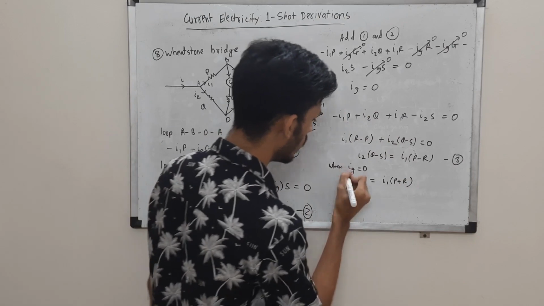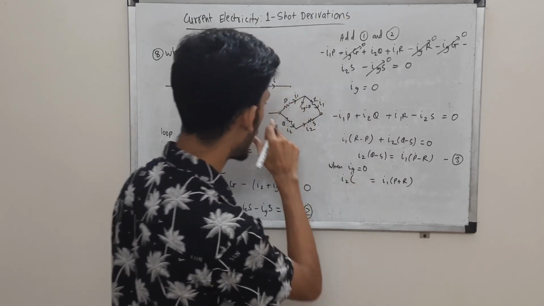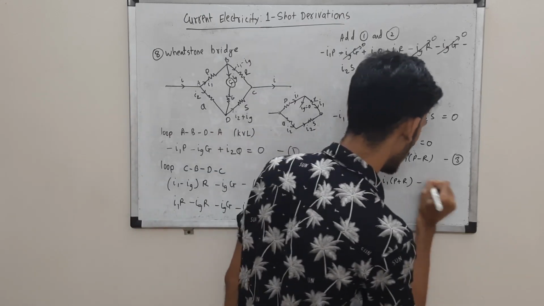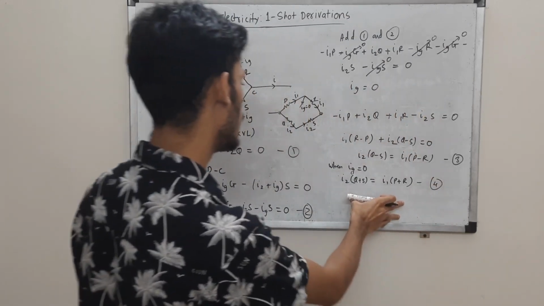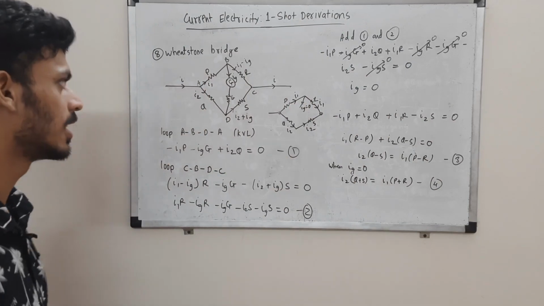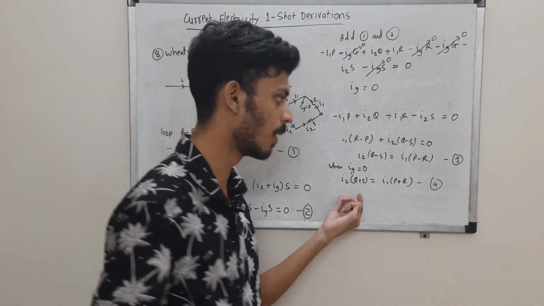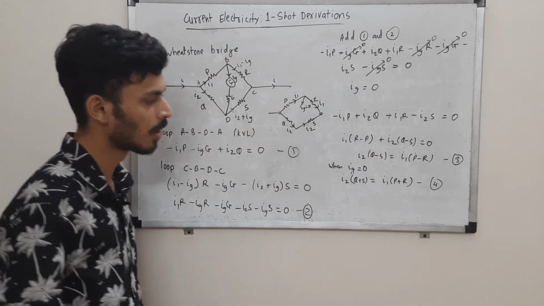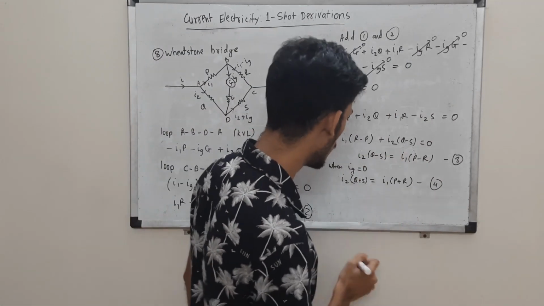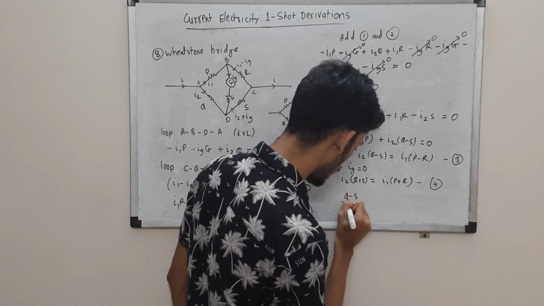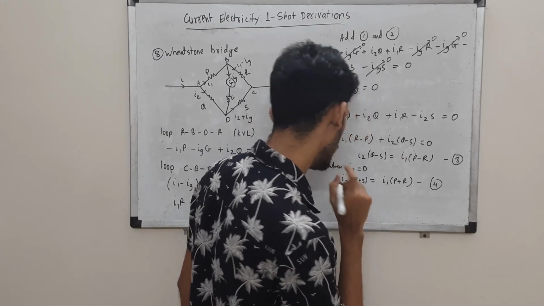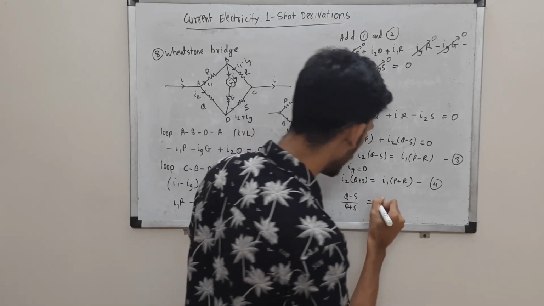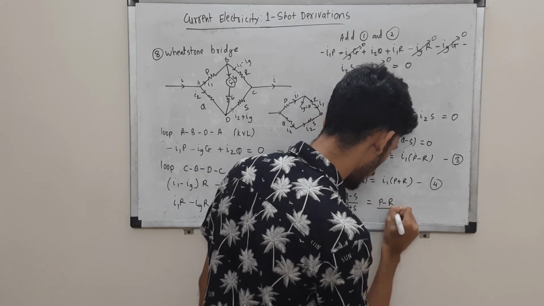And the voltage drop in the lower one is I2 into Q plus S. Now this is simple: we obtained this relation when we considered Ig as 0, and we obtained it by equating the potentials, because these two are in parallel combination. So now we can divide these two and we'll get Q minus S upon Q plus S is equal to P minus R upon P plus R.